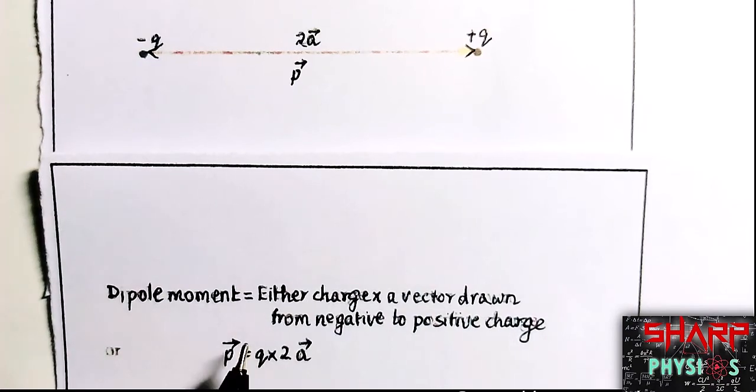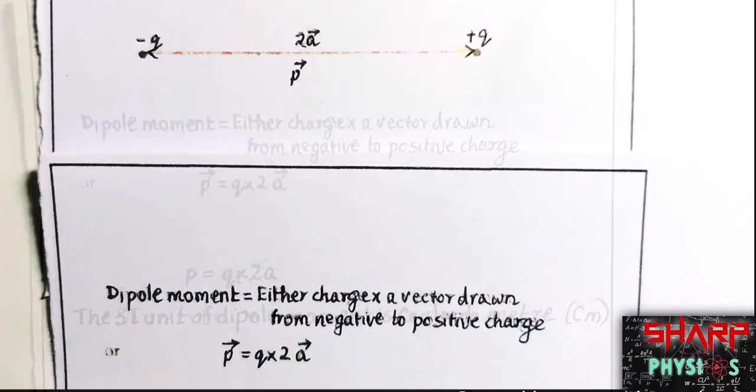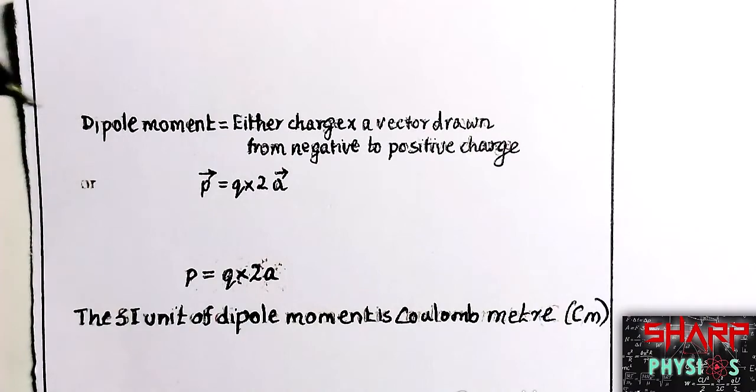The dipole moment is nothing but the charge times the distance between the two charges, which is p equal to q into 2a vector. This dipole moment is a vector quantity, so the direction is along the dipole axis from minus q to plus q, and its magnitude is p equal to q into 2a.